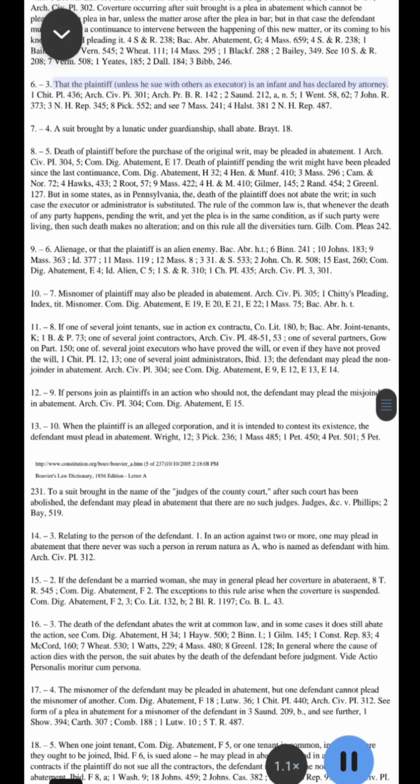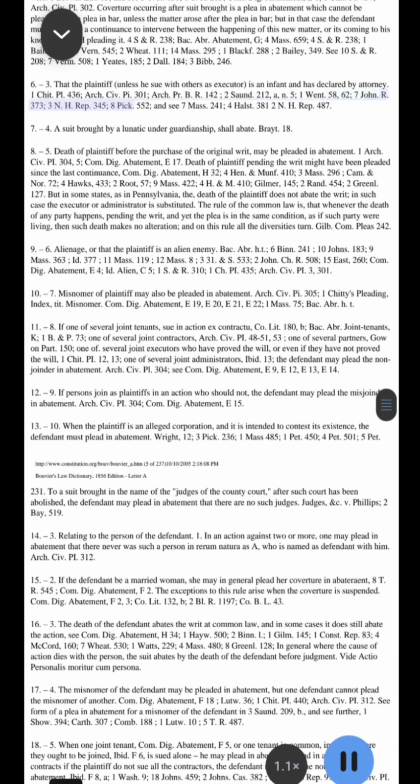3. That the plaintiff, unless he sue with others as executor, is an infant and has declared by attorney. 1 Chit. Pl. 436, Arch. Civ. Pl. 301, Arch. P.R. 142, 2 Saund. 212, a. n. 5, 1 Wend. 58, 62, 7 John.